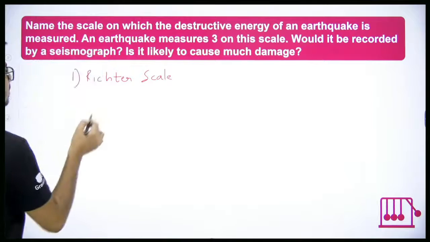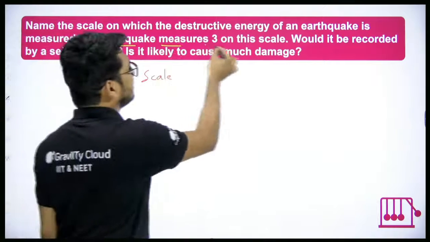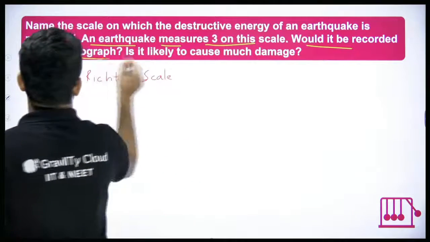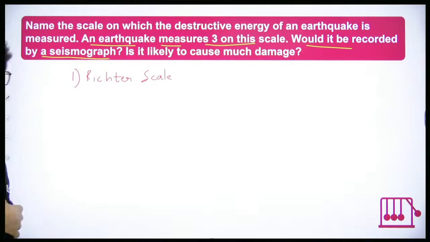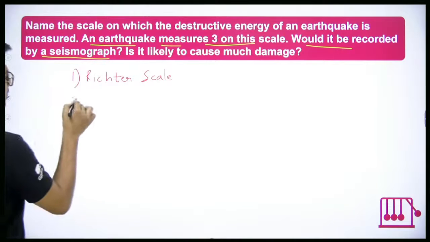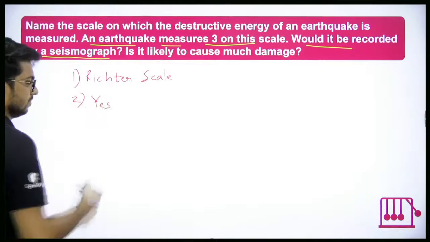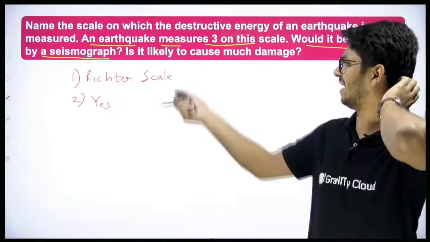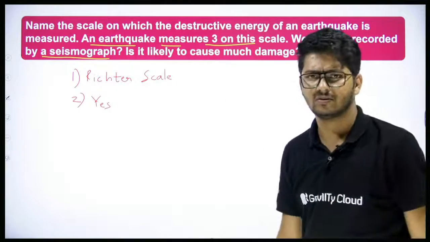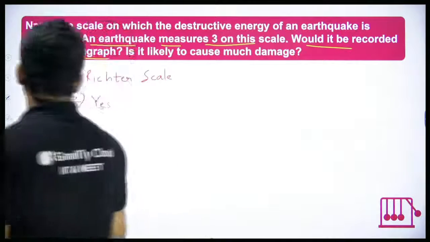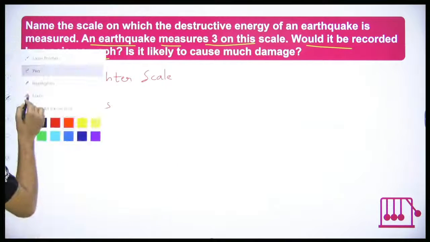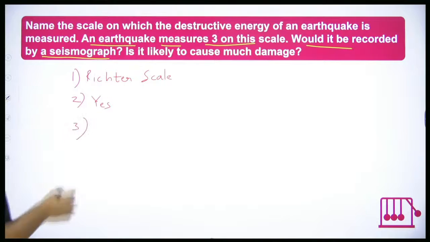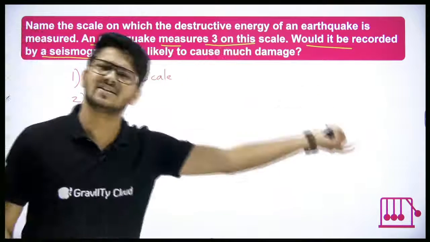Okay. Next. An earthquake measures 3 on this scale. Would it be recorded by a seismograph? And the answer is yes. Seismograph is capable of recording it, and only then we can get the Richter scale. Then, is it likely to cause much damage?